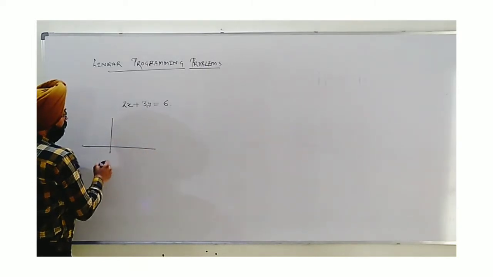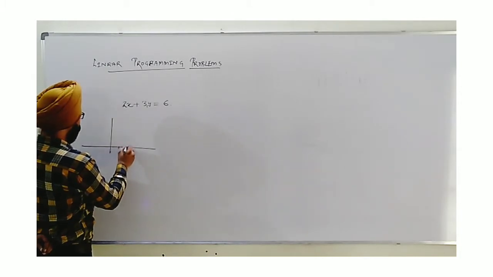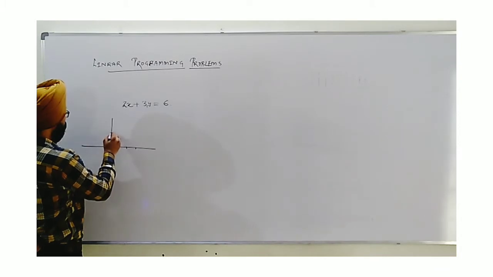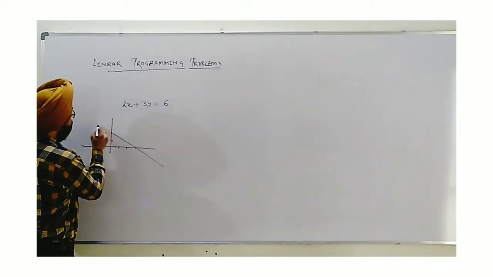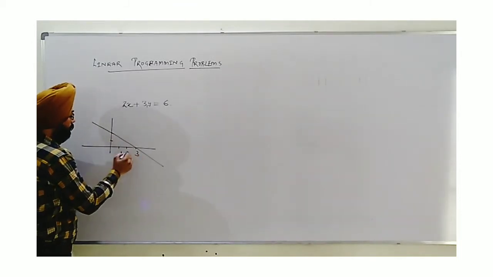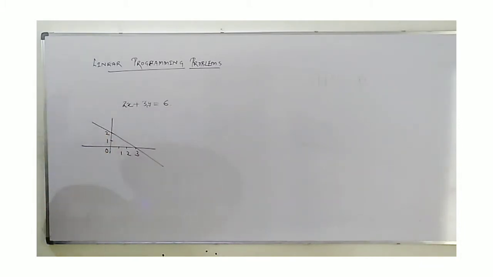If I take y is 0, then x becomes 3, and if I take x is 0, y becomes 2. So for sure the line is passing through these 2 points, (3, 0) and (0, 2).